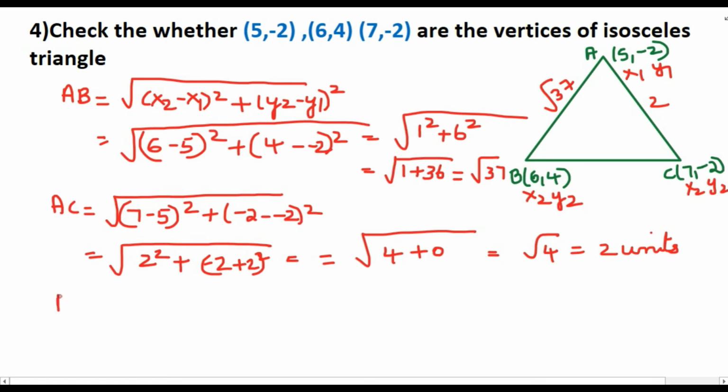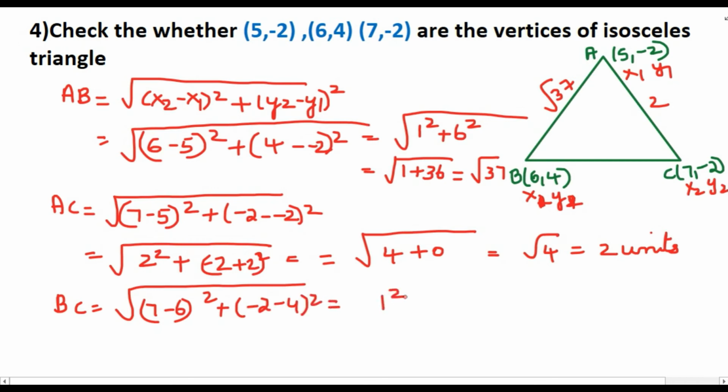Now finally we will find out BC. This time we can take this as x1, y1. So we have 7 minus 6 the whole square plus minus 2 minus 4 the whole square. 7 minus 6 is 1 square plus minus 6 square, which is 1 plus 36, that is root 37 units.